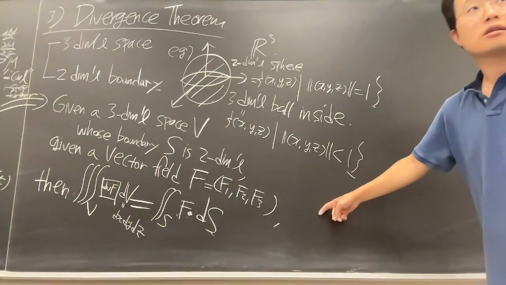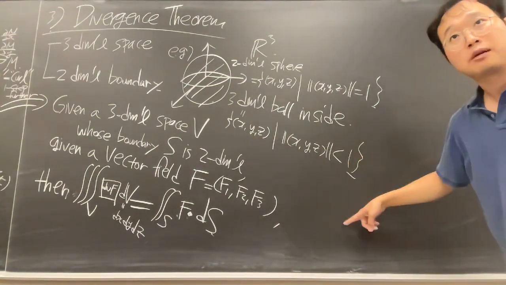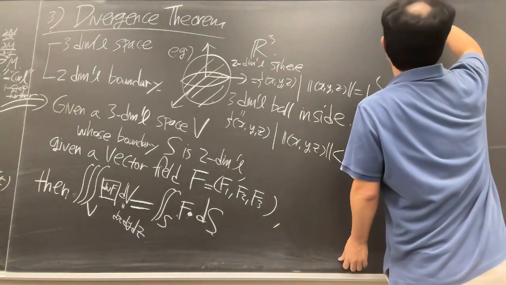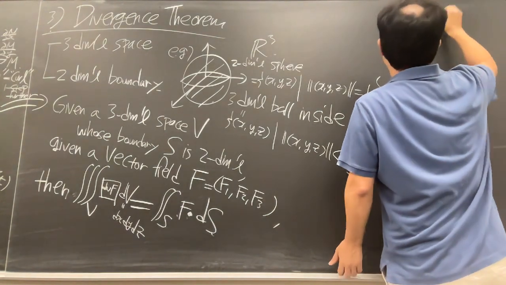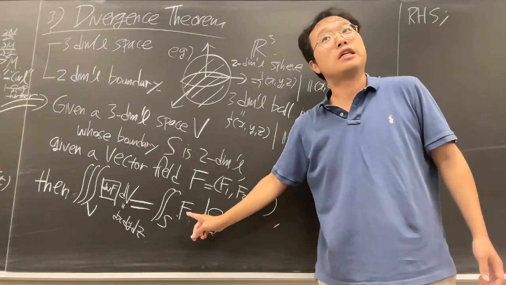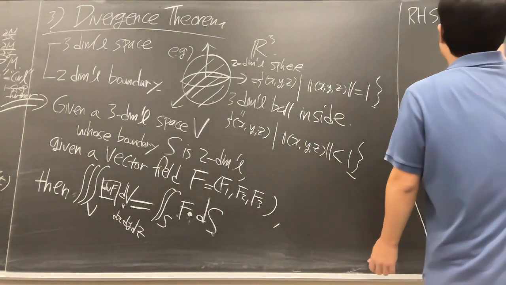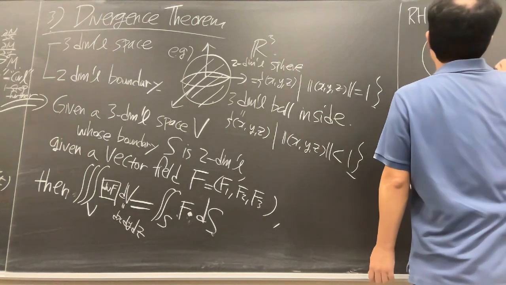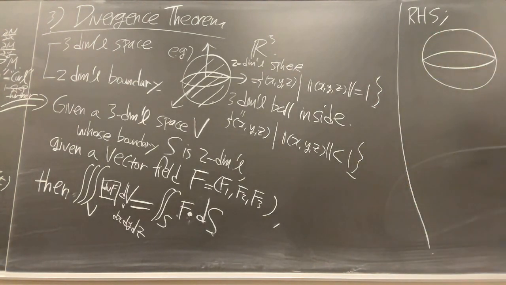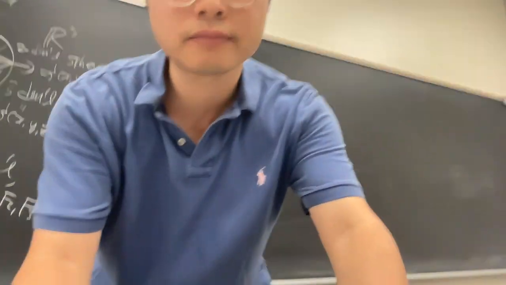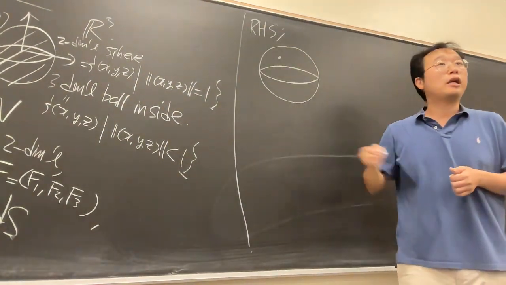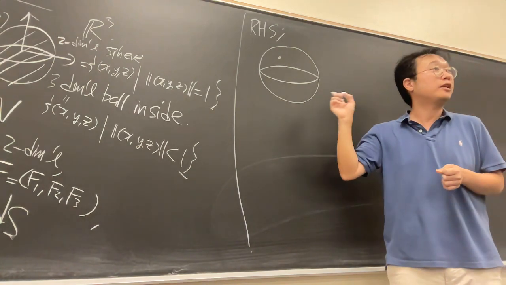So now let me try to explain what each side really represents. For the right-hand side, especially, there's a dot product which looks very fancy, so I need to explain what this is. So right-hand side just means the following. If you look at the sphere, then for each point, you know how to create the tangent space.